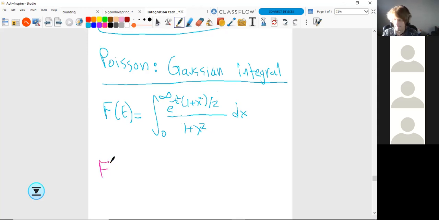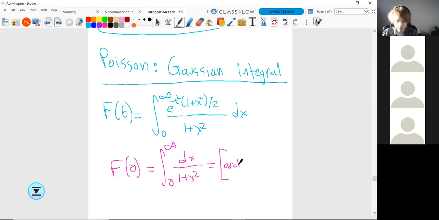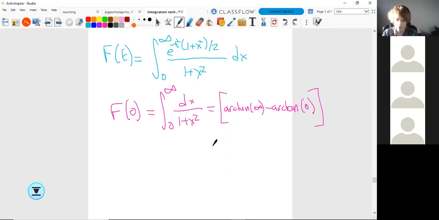Actually, before we do that though, we should note that F of 0 is equal to the integral from 0 to infinity of, this is going to be 0 going away, so we just have dx over 1 plus x squared, which is equal to arctan of infinity minus arctan of 0, which is equal to pi over 2.